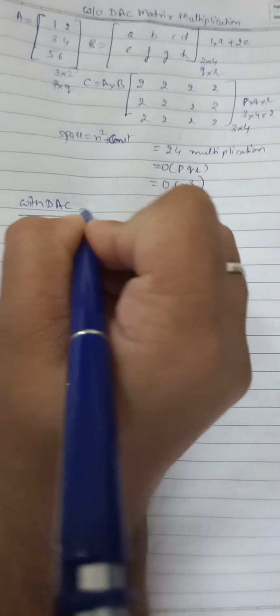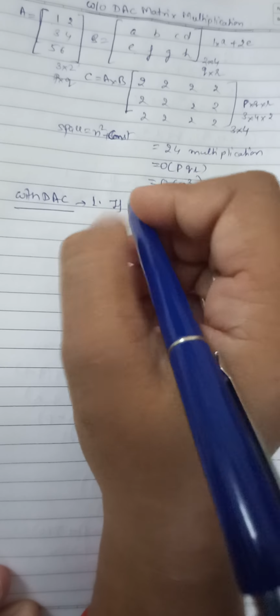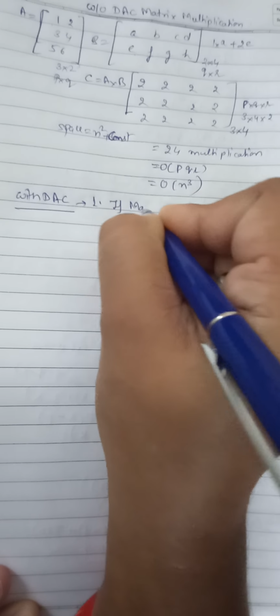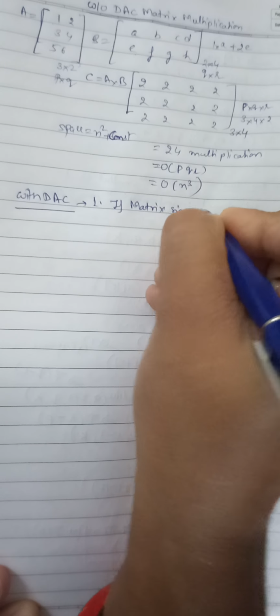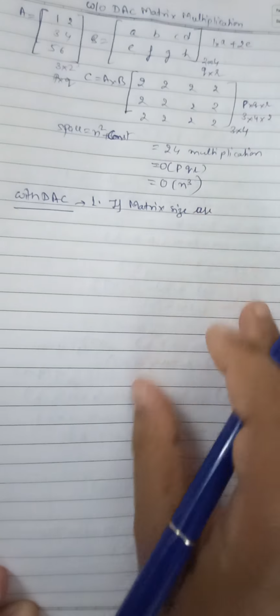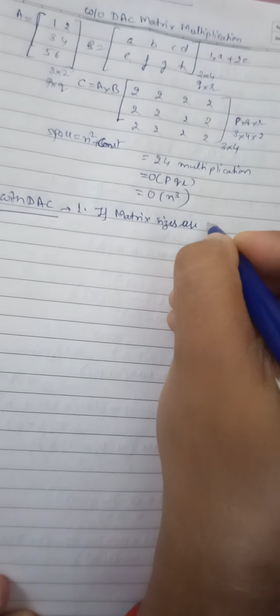But if we do the same thing with divide and conquer, what is the difference? The first thing we should take care of is that if matrix sizes are less than or equal to 2 into 2, we can say this is a small problem.